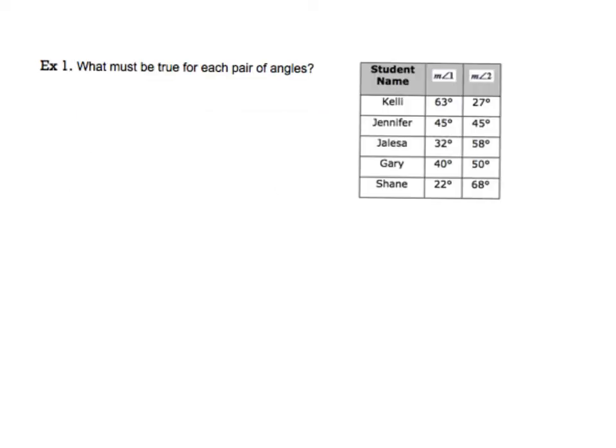So, example number 1, what must be true for each pair of angles? So what we're looking at here is we're going to compare their angle 1 and angle 2s and see what we discover. So we're going to add them up.